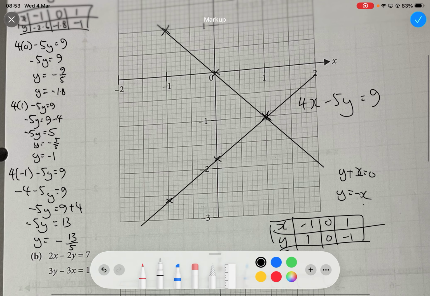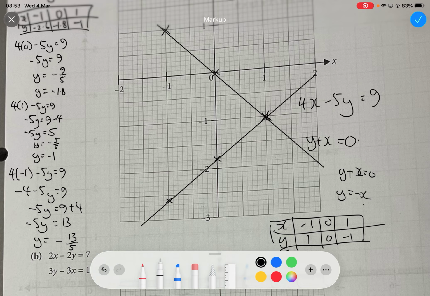Okay, so your y plus x equals to 0 is this one. Okay, so from there you can see that they intersect here. So this is the point that will give you the solution to both the equations. Every point on this line is a solution for this.